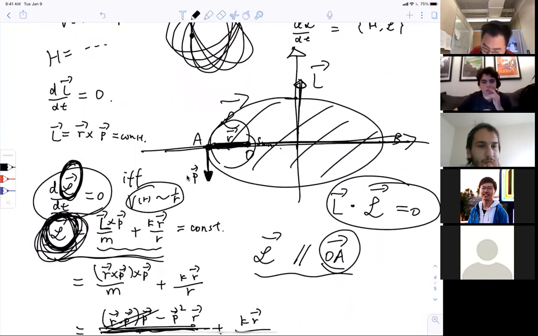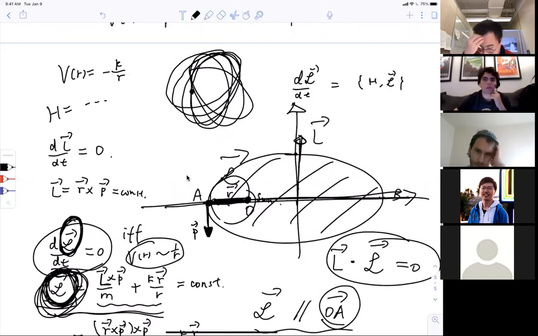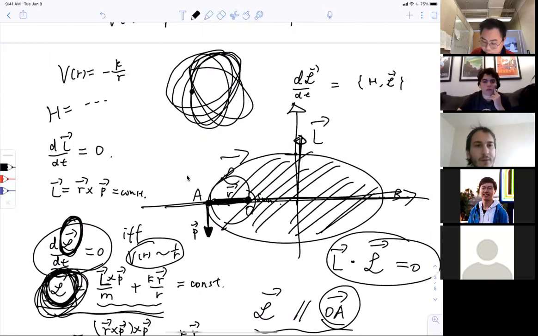Of course OA you can express in terms of some parameters of this equation, and that's equivalent to saying this OA depends on some parameters in your Hamiltonian, so definitely it's related to the geometry of this orbital.